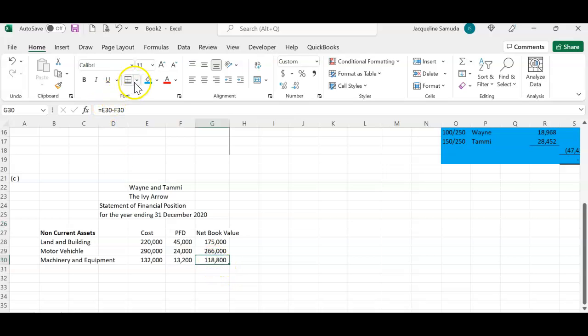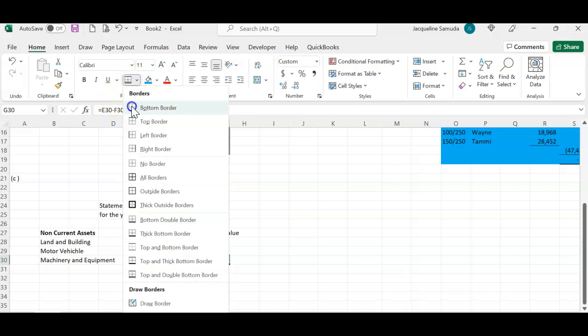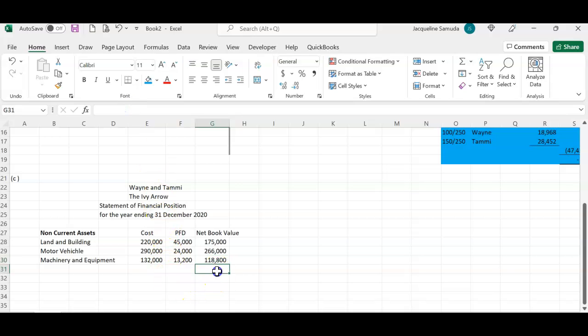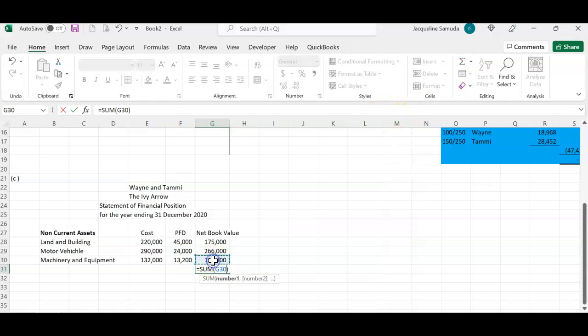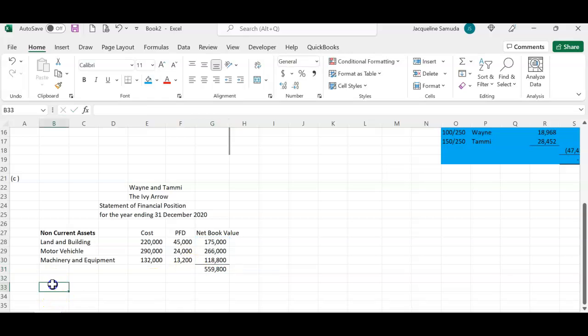This is the first section of the statement of financial position, and we're simply calculating the total net book value for the non-current assets. The next section is the current assets.